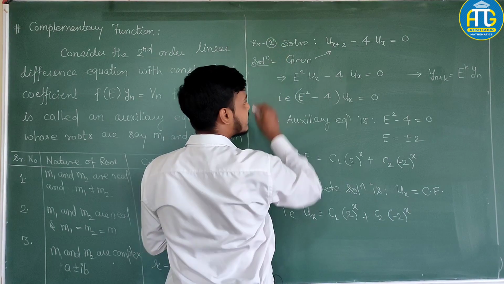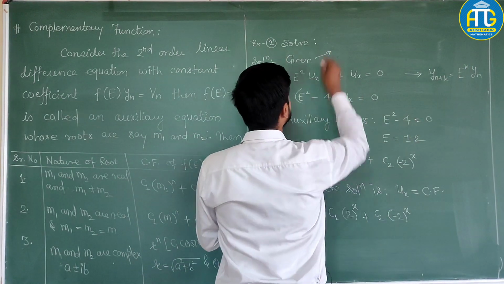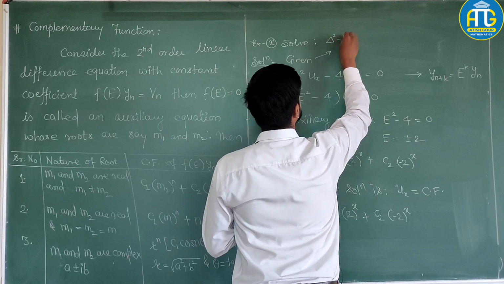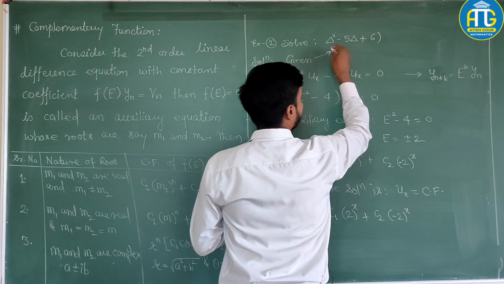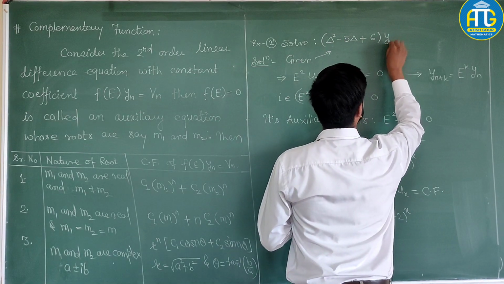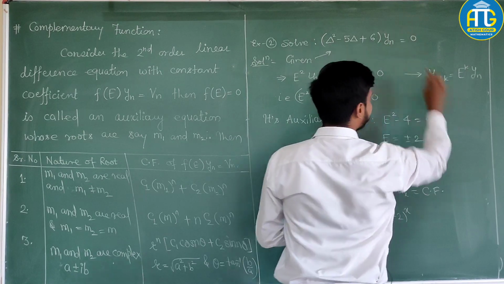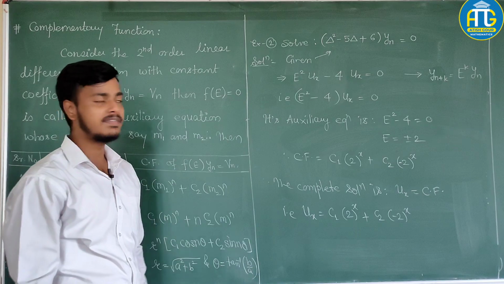I am taking the second example, which is delta square minus 5 delta plus 6 operating on yn is equal to 0. On very similar lines, we will solve it.